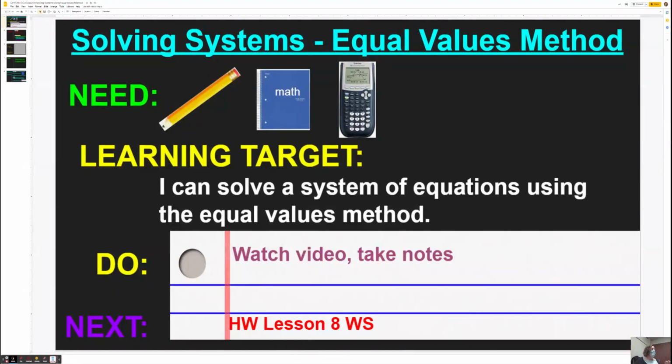For those of you who are wanting to own your own business, to me, owning your own business is a perfect example of a system of equations because you have income, the money people pay you for whatever service, but you also have expenses, paying the bills, right? Providing your service, renting your office space, whatever the case may be.